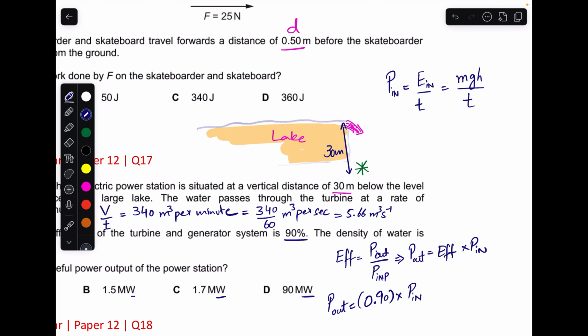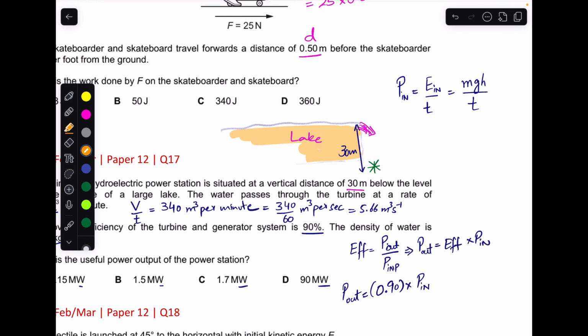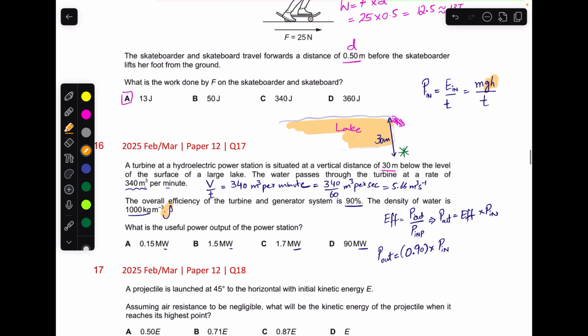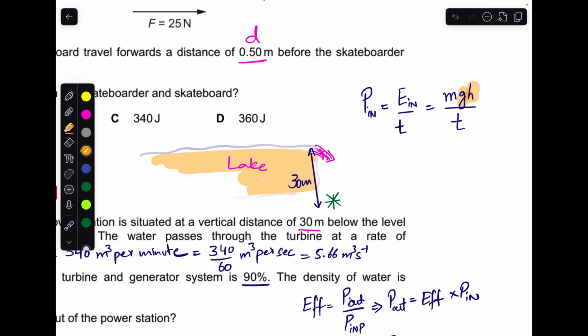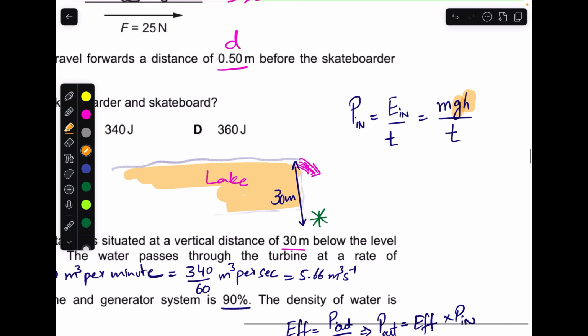Okay, so we have the height, we know g, but I don't have the mass. But I have the density, and I have the volume per second. So I can change the mass into the density. We have a relation, if you remember, that mass can be written as density into volume. Let's write it down.